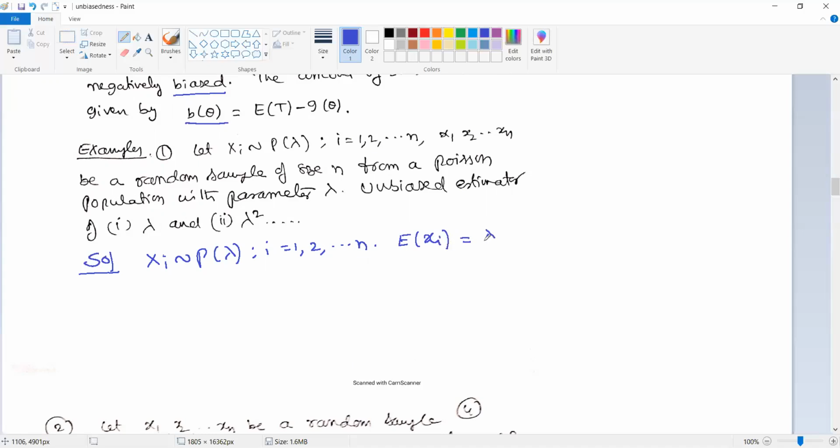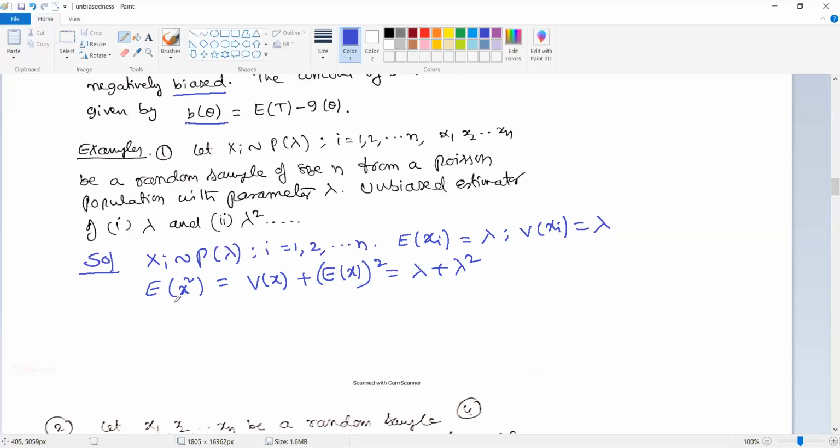E of Xi is equal to lambda, using the properties of the Poisson distribution: the mean of Poisson is lambda, and the variance of Poisson is also lambda. Now E of X square is equal to variance of X plus E of X whole square, by the shortcut formula. So that is lambda plus lambda square.